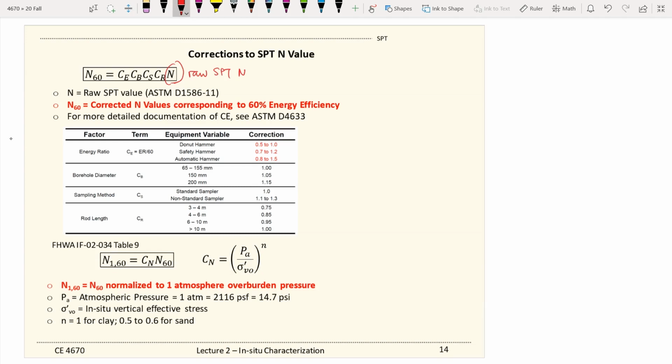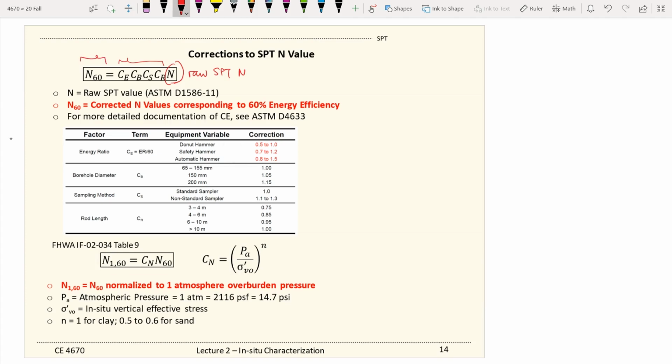So that's why we need all these correction parameters. After we correct for those parameters, like C sub E, C sub B, C sub S, and C sub R, which are pretty much equipment corrections, we get the corrected SPT.